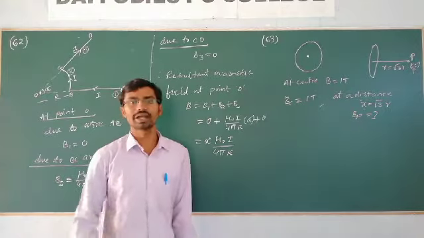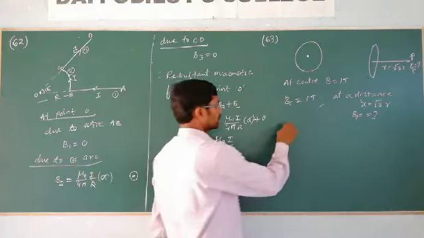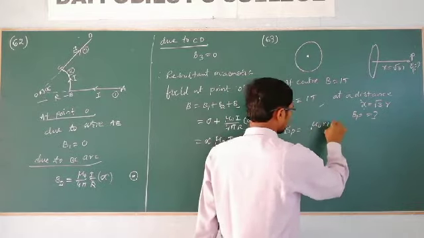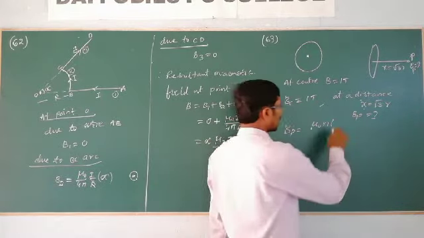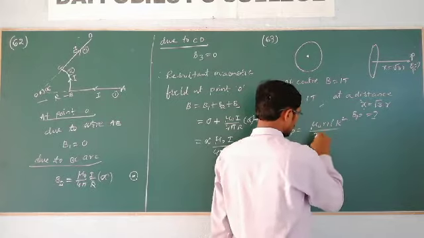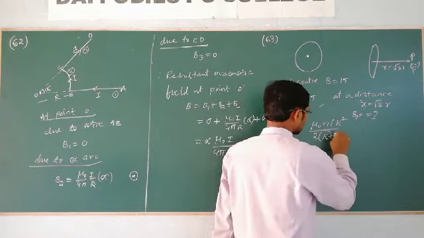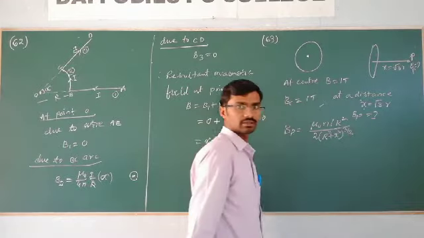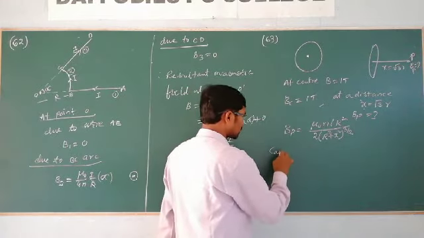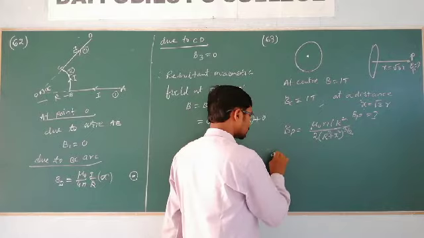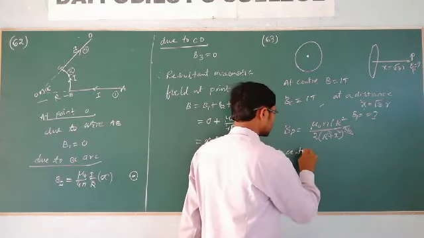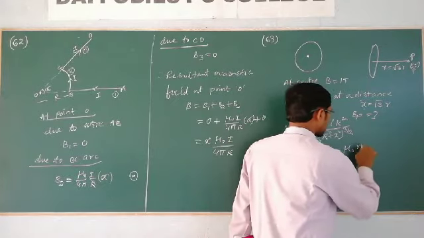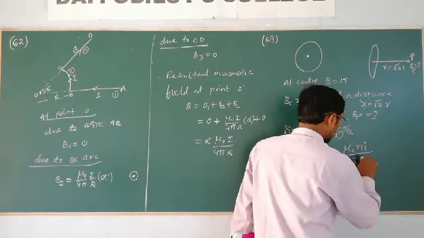But remember, what is the magnetic field induction at center? B at a point P is equal to mu naught N I r square by 2 into (r square plus x square) whole power 3 by 2. But at center value is what? At center magnetic field is B is equal to mu naught N I by 2r.